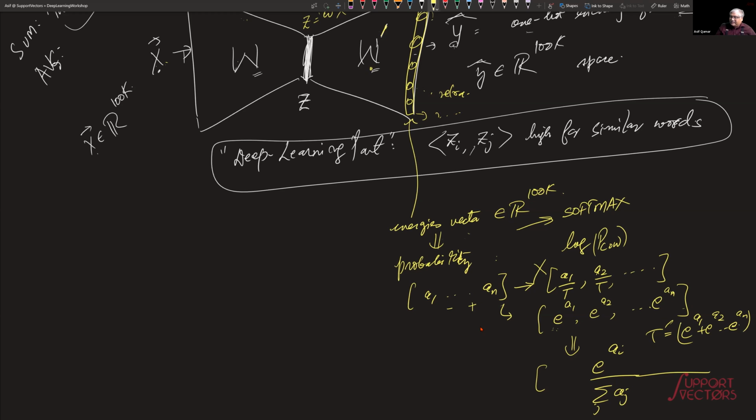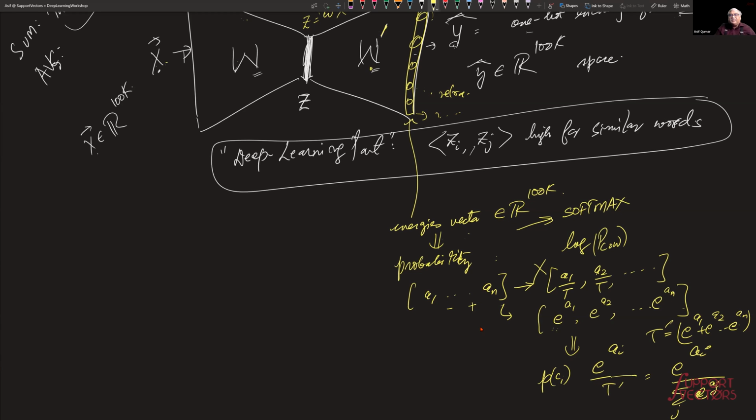Now I have all positive numbers, and the probability of the event, the energy i, or the cow, or whatever class ci it is, is e to the ai divided by the sum over j of e to the aj. So this is the probability that you'll see whatever it is, aardvark or cow or zebra.